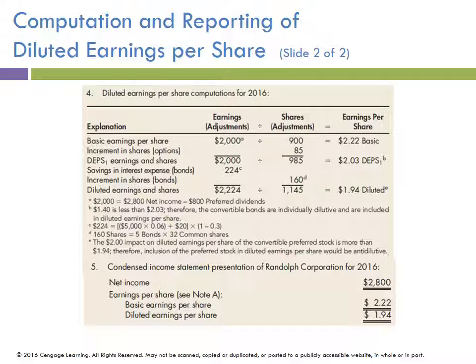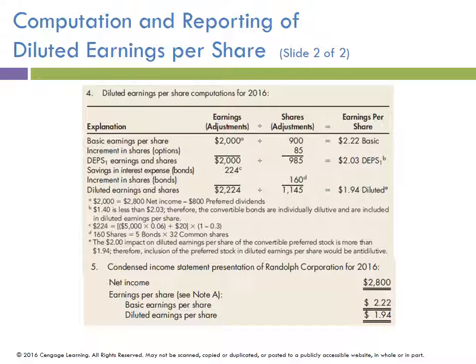That's where the $2,000 comes from. We then would divide it by our weighted average number of shares actually outstanding, which they gave to us, 900. So our normal basic, this is it, $2.22.